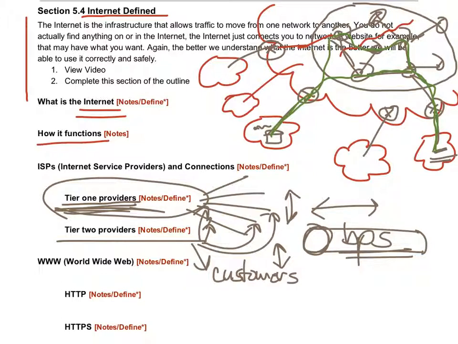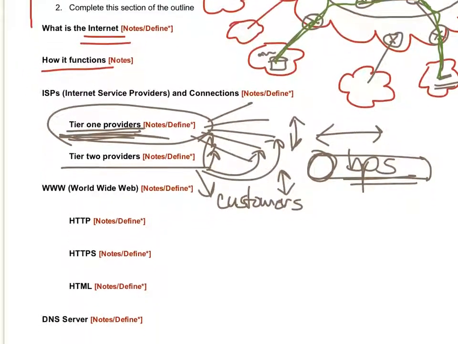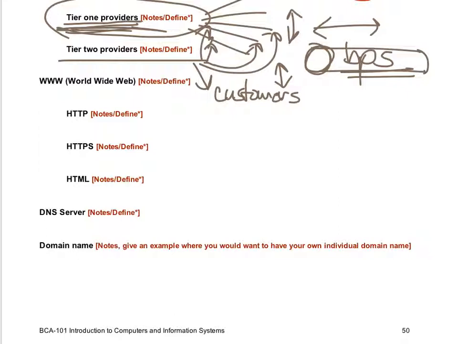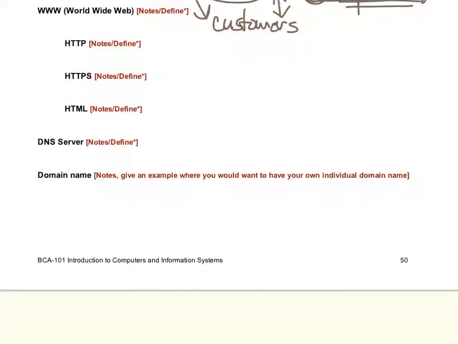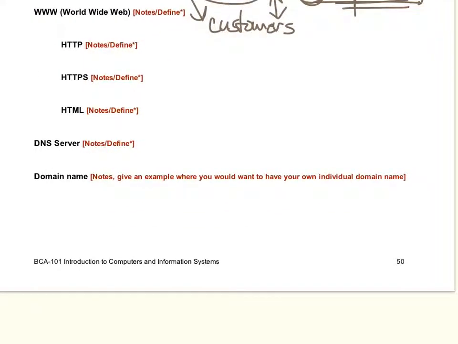I'm going to keep moving here. So let me slide this all the way up so that I can redraw a little bit down here on the bottom. To make it easy to use the internet, in the early 90s they created the World Wide Web. Now this uses the internet.